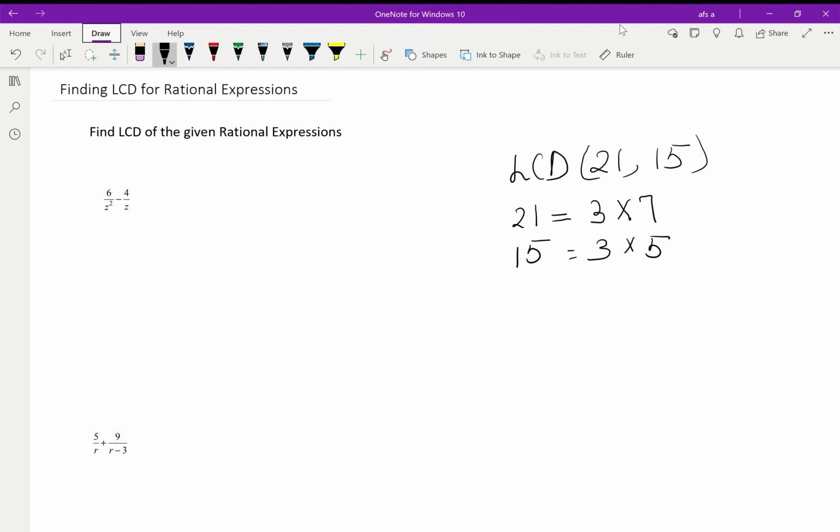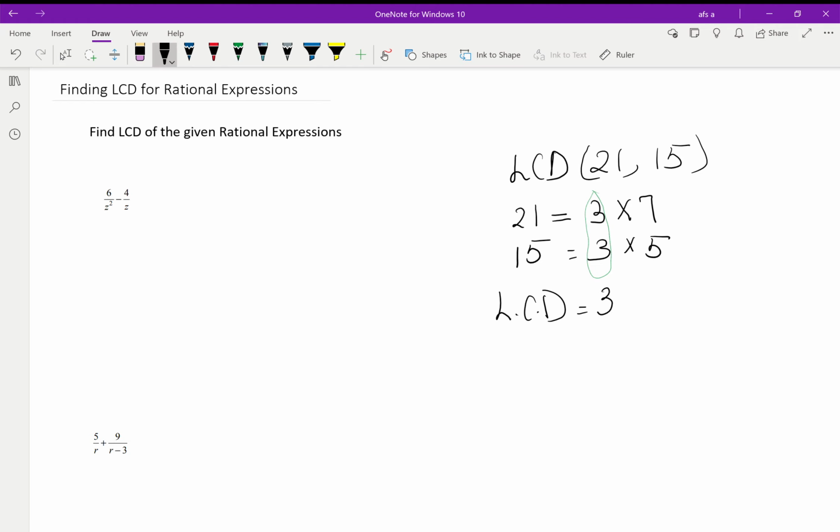common ones. So in this case, for the LCD, we have to keep the factors that are common, which I'm going to circle in green, and to stay away from duplication and to keep the least common denominator, not just a common denominator, we keep the smaller of the powers if the powers were shown.